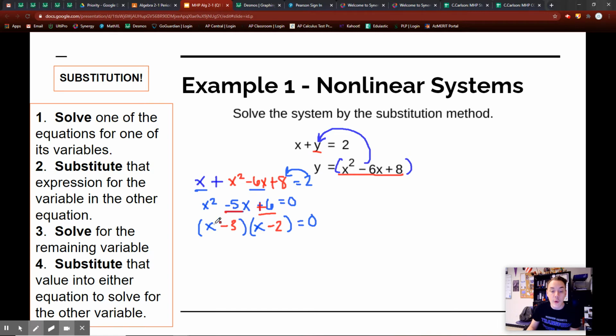If I FOIL this out, first x squared, next -2x, -3x, and then 6. The -2x and the -3x combine into -5x, but when they multiply, they give me 6, and then x times x is x squared. So if I FOIL this out, first, outer, inner, last, what I get is literally the exact same thing. So what we did was we're working backwards.